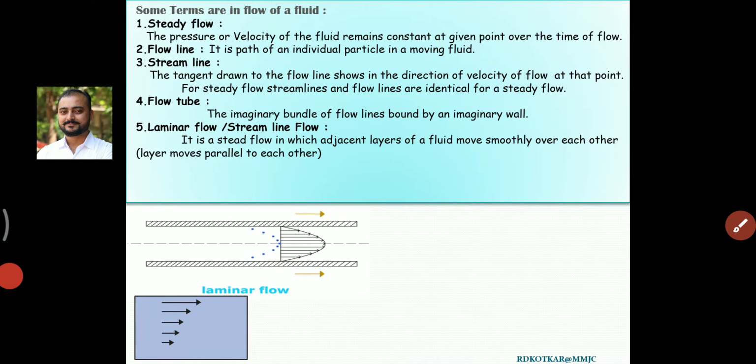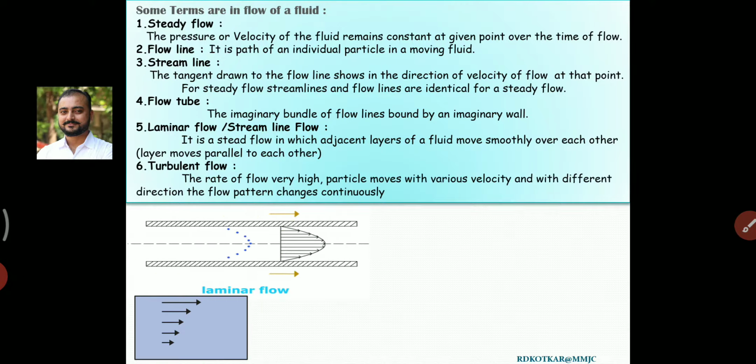Okay, then next is turbulent flow. What about turbulent flow? The rate of flow is very high, and the particles move with various velocities and in different directions. The flow pattern changes continuously.